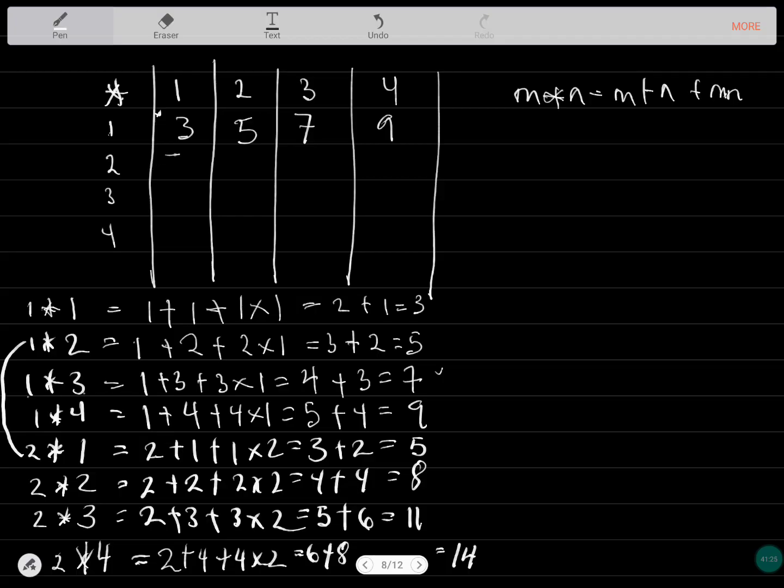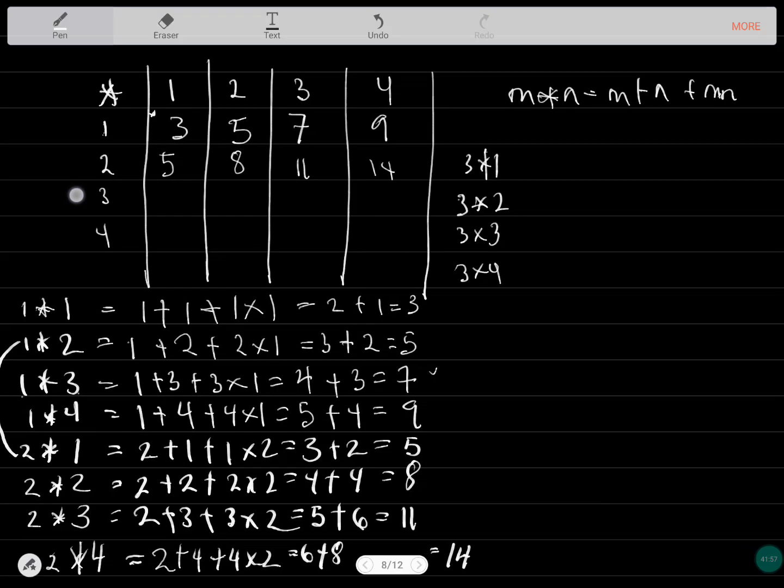2 star 1 was 5. 2 star 2 was 8. 2 star 3, 11. 2 star 4 was 14. Now we are going to start with 3 star 1, then 3 star 2, then 3 star 3, then 3 star 4.